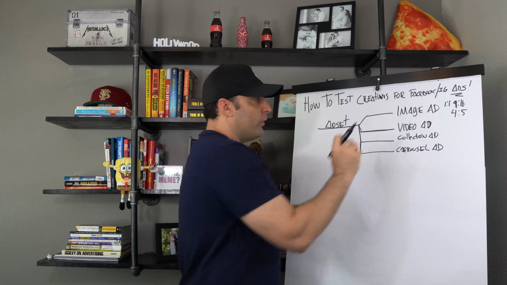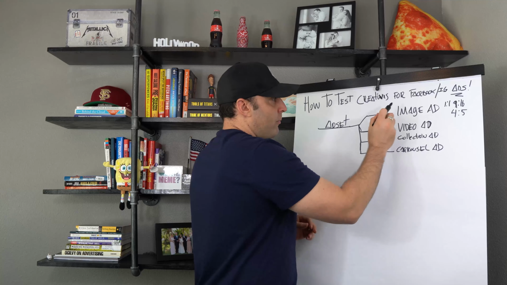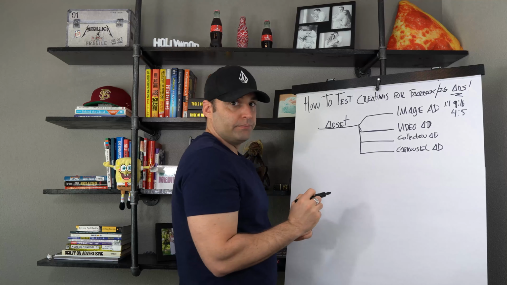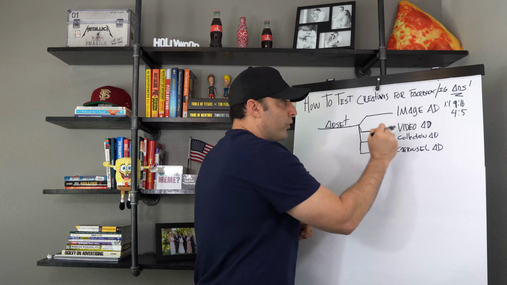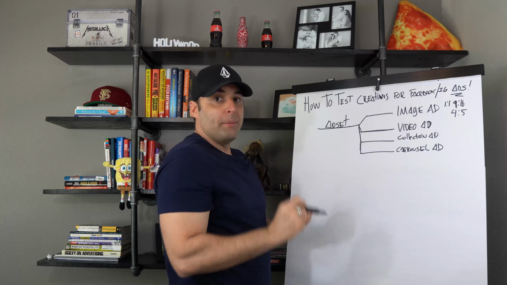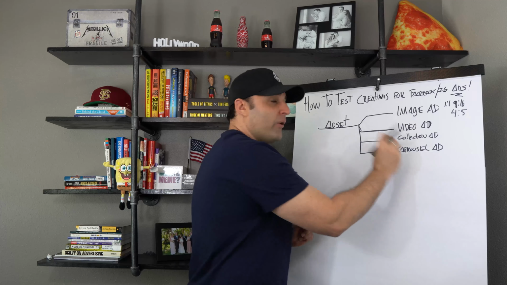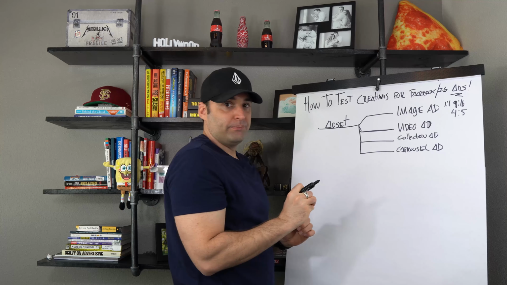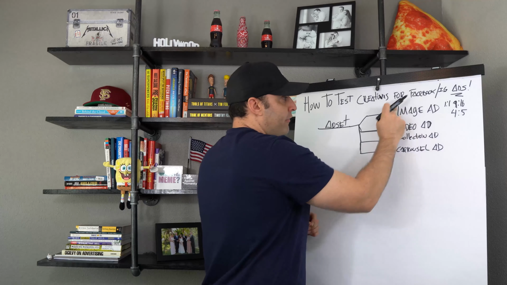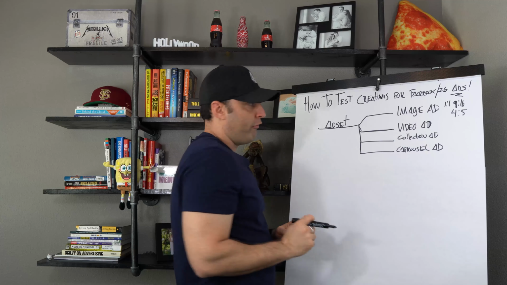Now, you're going to see after 3 to 4 days that one is going to do much better than all the others. Okay, but this is what you don't do. You do not turn the other ones off, because the algorithm has gotten really good, again, at showing those at the right time, at the right person, and the right placement, okay? So when you give Facebook plenty of options to choose from, it's going to perform better.